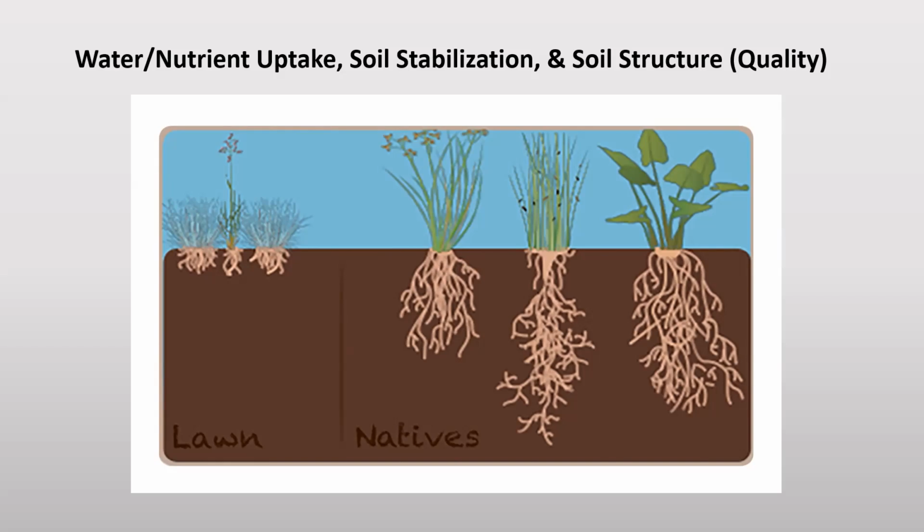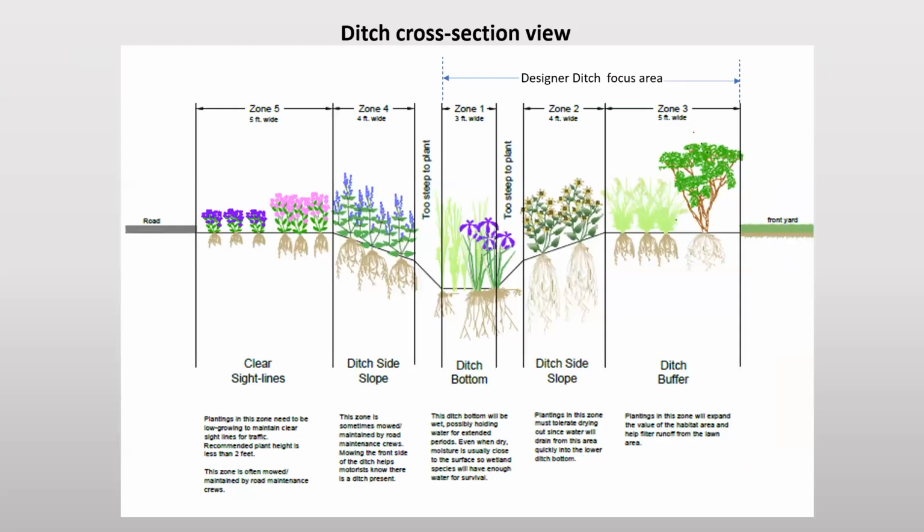And that translates into greater water and nutrient uptake, as well as soil stabilization. I mean, think about the erosion that can take place here versus if you have a network of roots that can hold the soil particles together. It even improves soil structure as well. You can go to the next one.